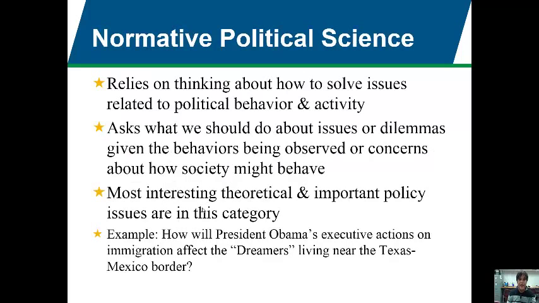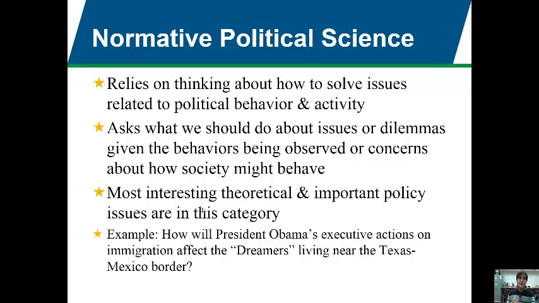Let's go ahead and talk about normative political science on the flip side of that. Normative political scientists rely on thinking about how to solve issues related to political behavior and activity, and it asks what we should do about the issues or dilemmas given the behaviors being observed or concerns about how society might behave. Most interesting theoretical and important policy issues are in this category.